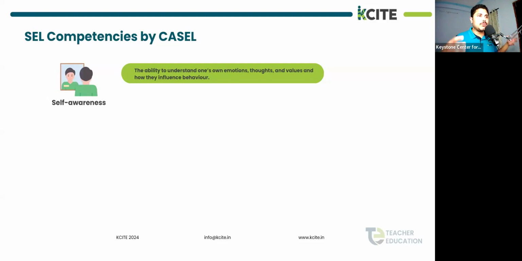The kids get to know what their emotions are. They will also understand the reason behind their anger, the reason behind their sorrow, and how they should be dealing with it. You might have seen that some students, when they are feeling sad, just close themselves off. They don't open up, they don't play with friends, they don't talk to anybody, they just sit silently in the corner of the classroom.